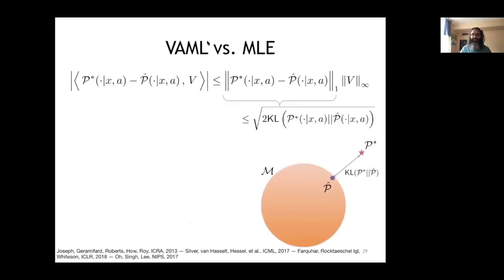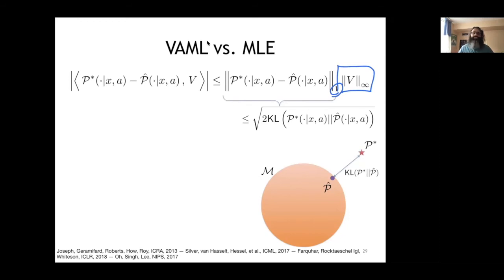Okay, so now the important point here is that the objective that we care about is how accurate the effect of the Bellman operator on some value function is, according to P star versus P hat. So we have this inner product form that can be upper bounded by the L1 distance between these two distributions, or total variation distance, times the maximum magnitude of that value function, so the uniform norm or supremum norm of the value function.